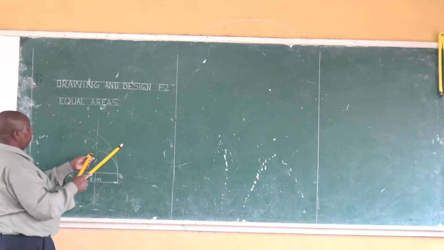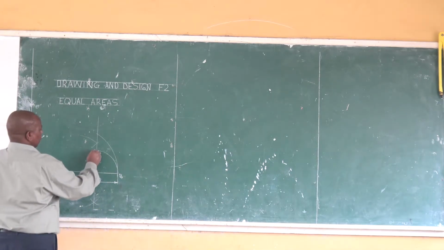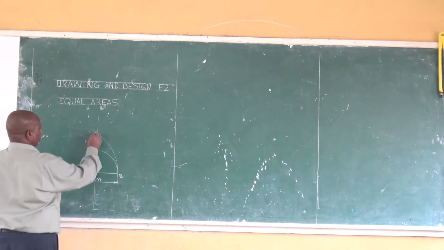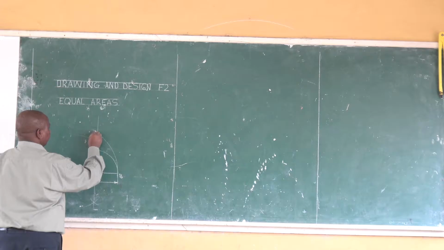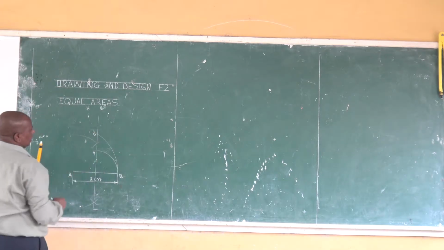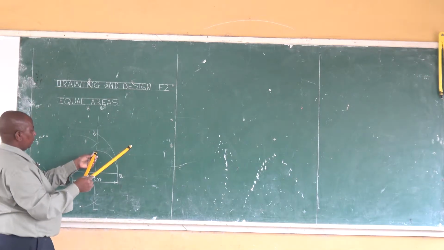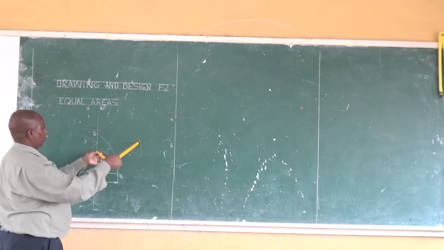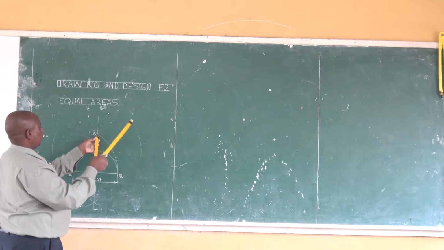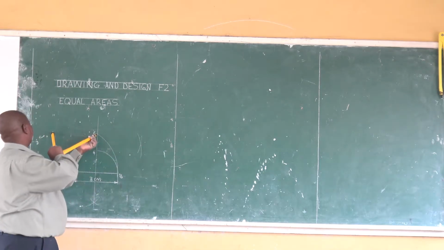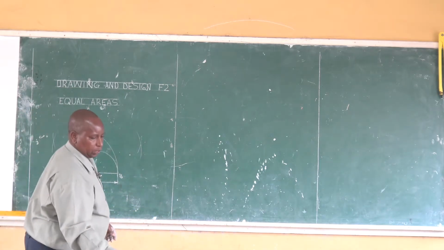When we bisect the difference, at the end of that arc of 45 degrees, we write 4, and at the end of the arc for 60 degrees, we write 6. So we try to locate the point 5 by bisecting the difference between 4 and 6.